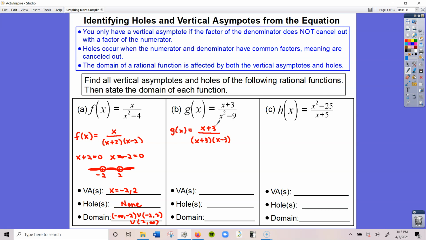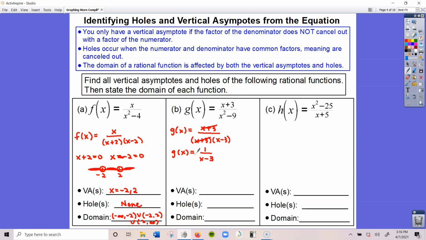As you can see, we have x plus 3's that repeat in both the numerator and the denominator, so they can cancel, leaving me with a simplified rational function of, since there's nothing left in the numerator, we would write 1 over x minus 3.